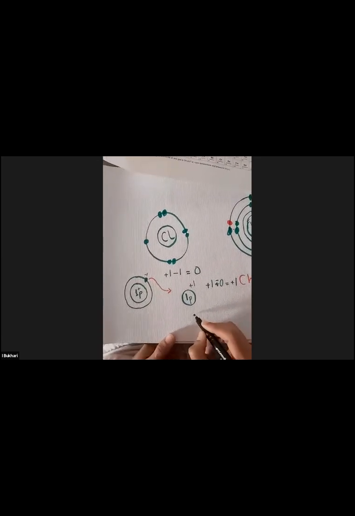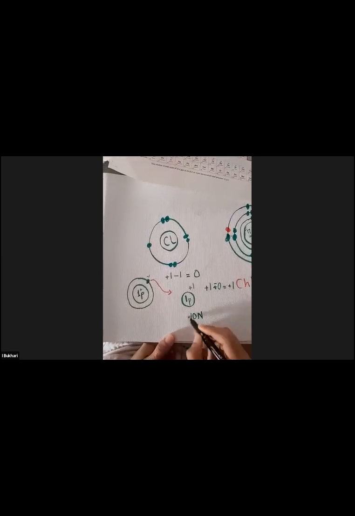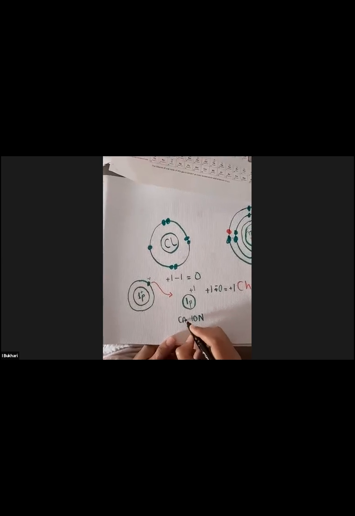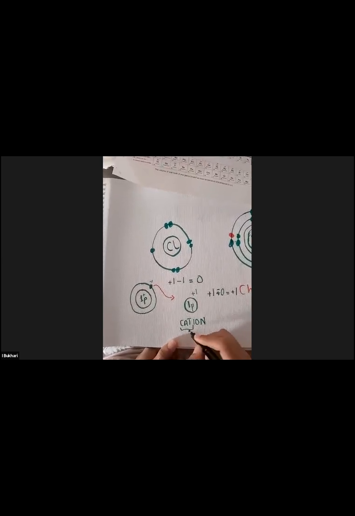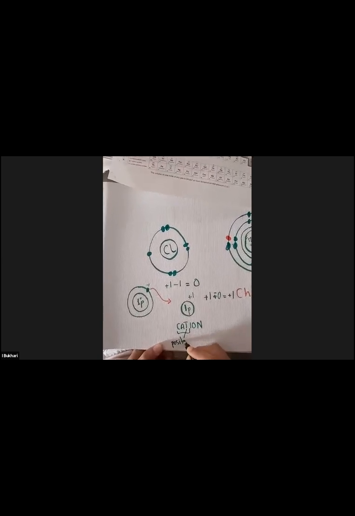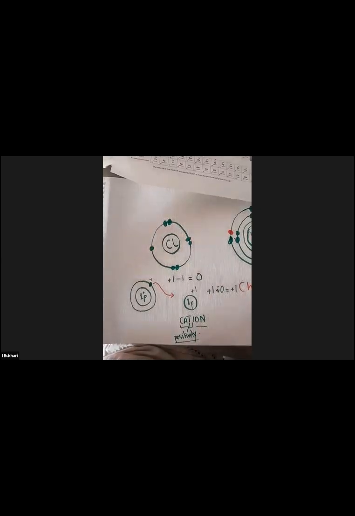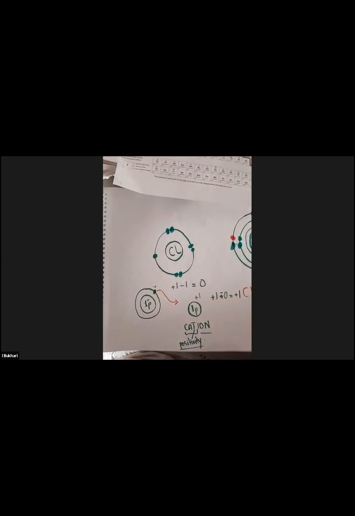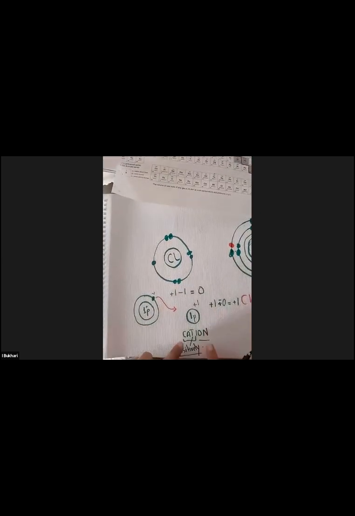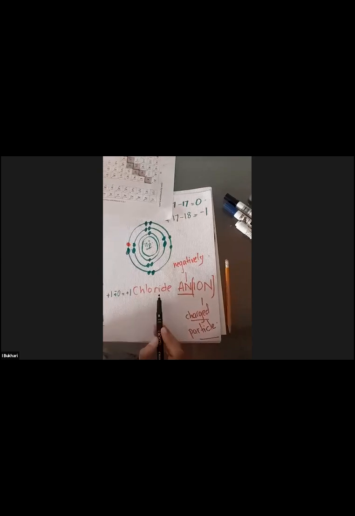This is again an ion because it has a charge on it. It is a charged particle, and it is a cation. Cat means positive. It is a positively charged ion. Did you understand this? So the hydrogen ion is a cation, and an example of a negatively charged anion is the chloride ion.